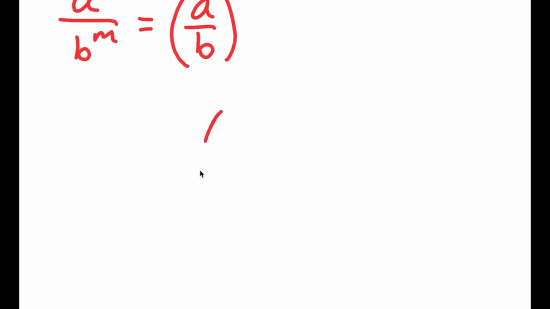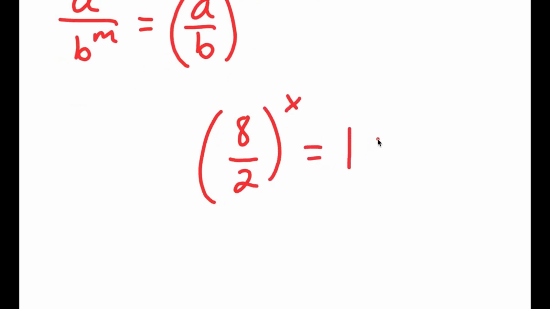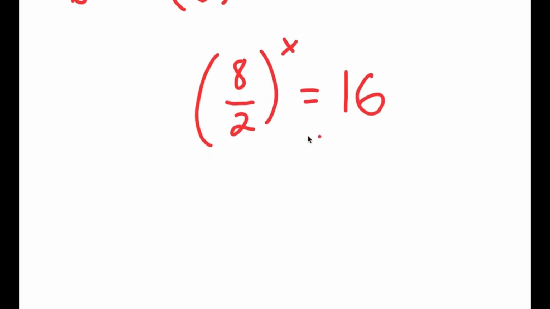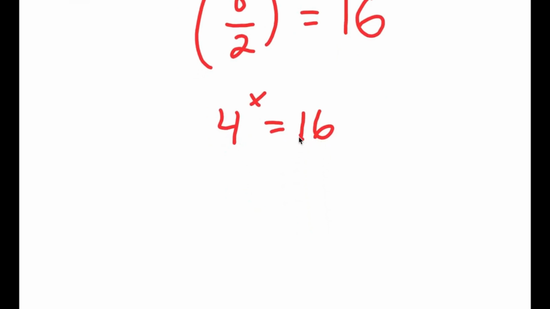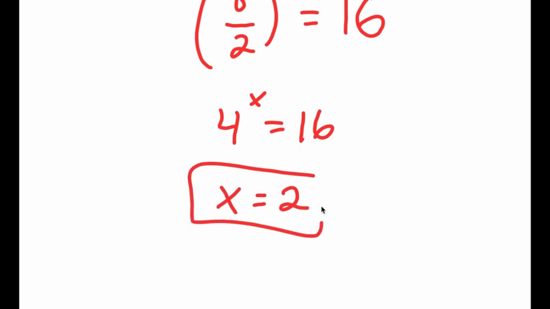So I can rewrite this as a over 2 to the power of x is equal to 16. Now, a over 2, that's obviously 4, so we have 4 to the power of x is equal to 16. And 4 to the power of what equals 16? 2. So I get x is equal to 2.